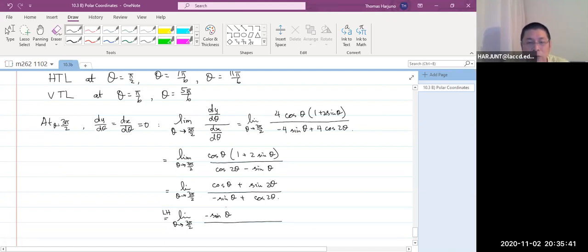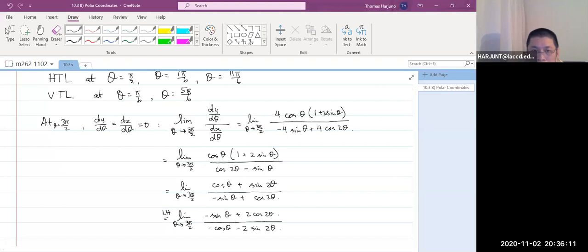I don't think we go anywhere from here. This is 2 cosine theta, while this one is negative cosine theta minus 2 sine theta. I wonder if it works.